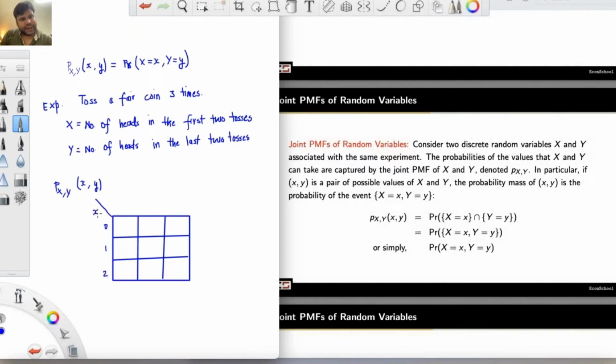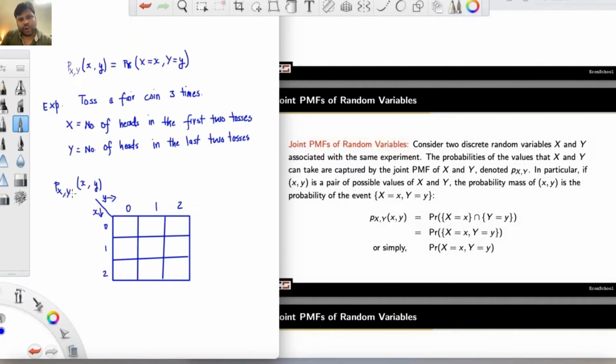These are the x values, and Y can also take 3 values: 0 heads in the last 2 tosses, 1 head in the last 2 tosses, and finally 2 heads in the last 2 tosses. Is that fine? Now the question is, what are these joint PMFs?